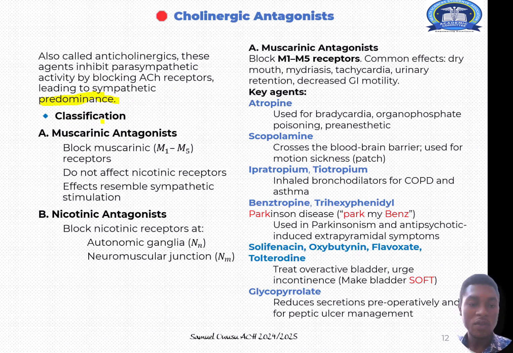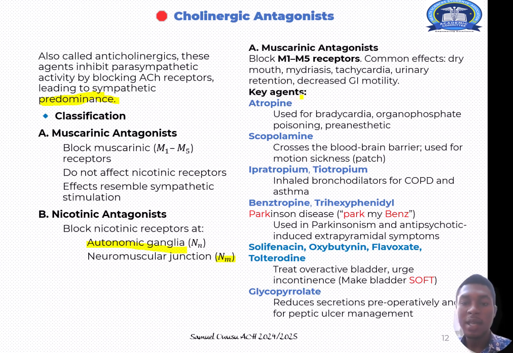Okay, so they have two main activities in muscarinic and the nicotinic receptors. Muscarinic antagonists tend to block the muscarinic receptors, and those ones do not affect the nicotinic receptors. Okay, but the nicotinic antagonists also will block that of the autonomic ganglia and then the ones at the neuromuscular junctions.